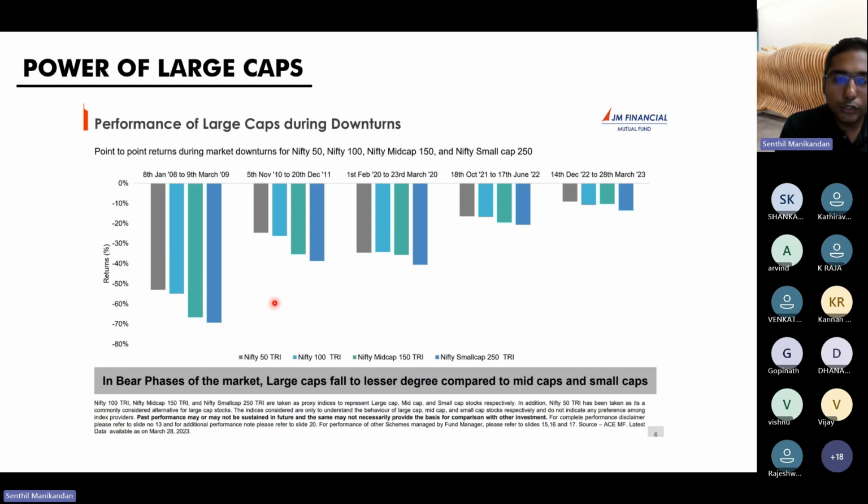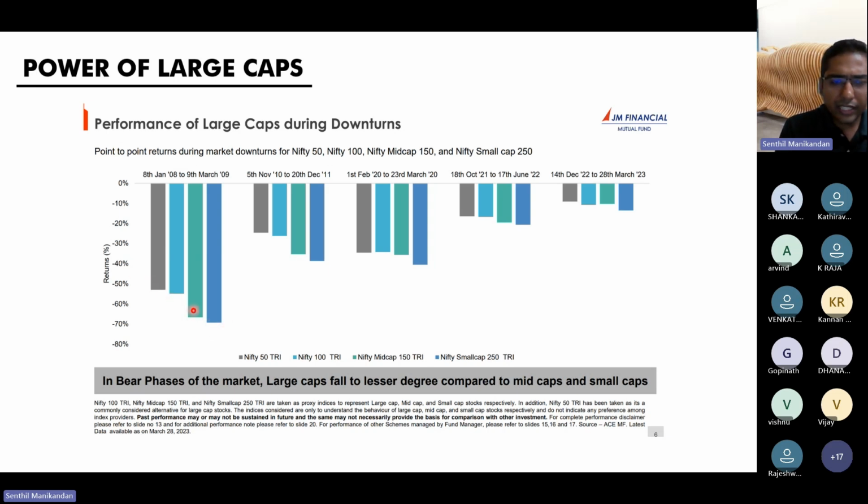What this means is that we tend to lose less in large caps than in small caps when a downturn is expected. This has held across cycles. In the 2008-2009 bear market, the Nifty index fell close to 50%, while the small cap 250 fell close to 70%.